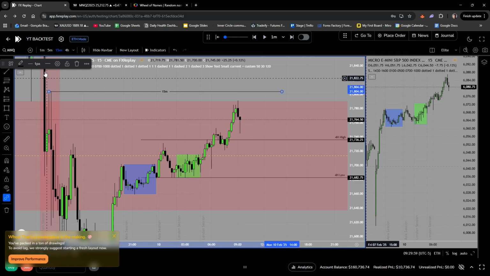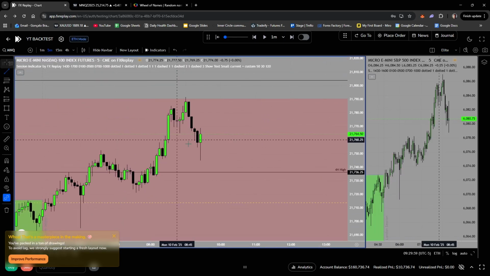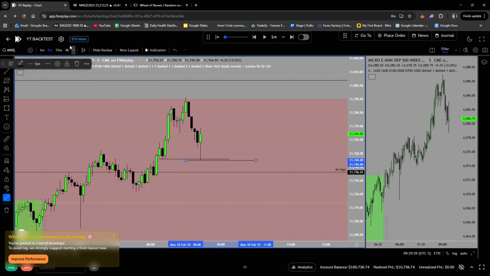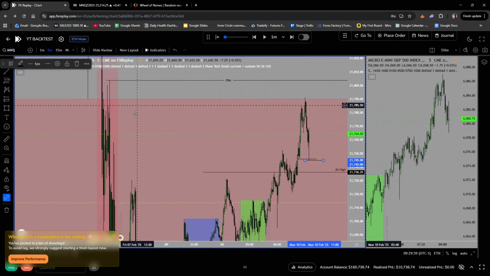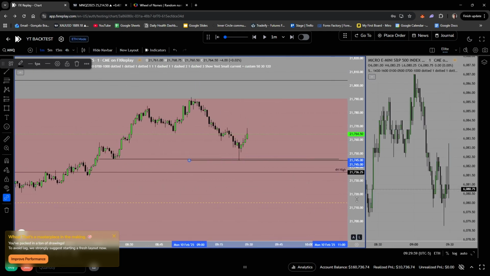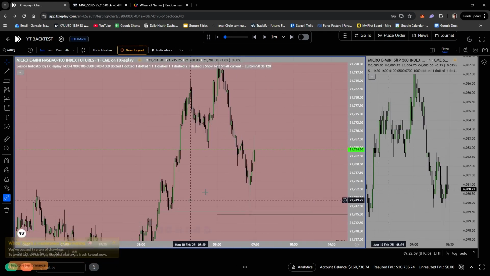Cool. 5 minutes swept here. We also created another one. Think that will do. Yeah. Okay, so we favor being bearish, right? We swept the high inside a gap. No news to look out for.